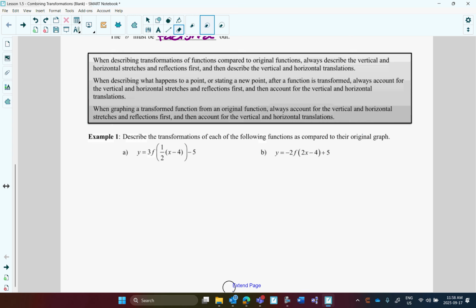Something to keep in mind: whenever you are describing transformations or using mapping notation or graphing, always describe the vertical stretches and reflections first. The translations or the shifts are always put at the end. It doesn't matter whether you do reflection or stretch first, but they always have to be done before the shift.